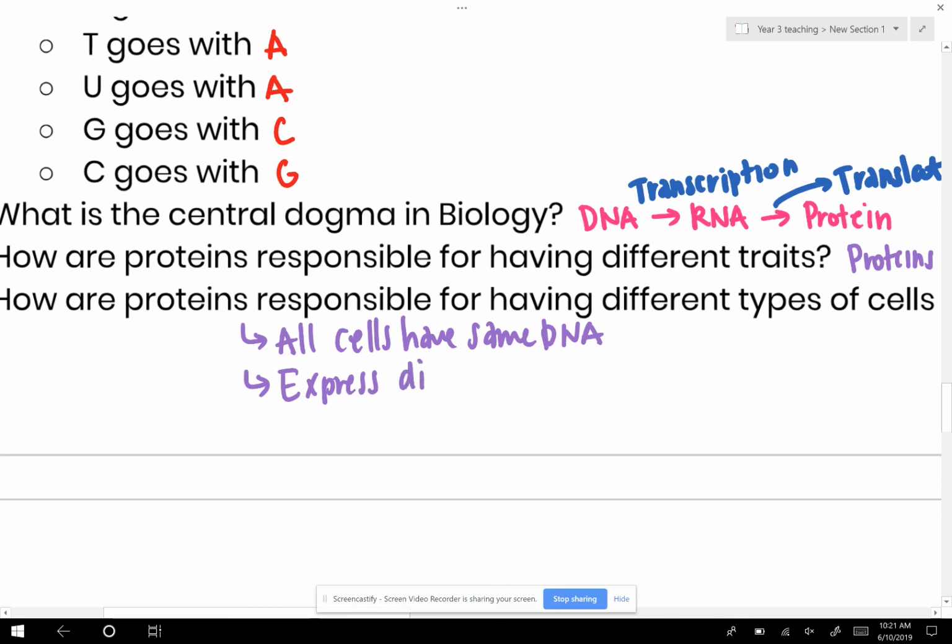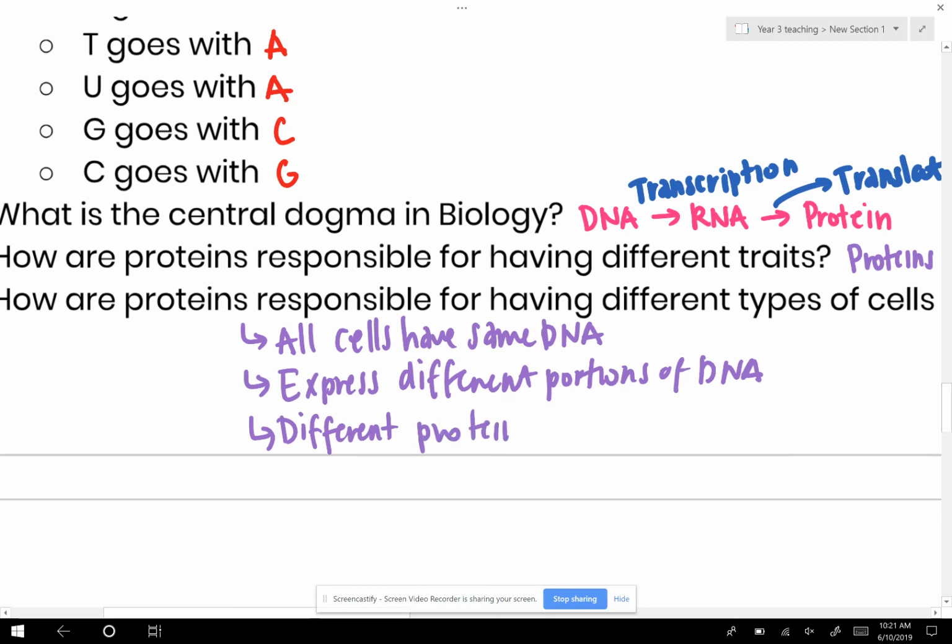And since we're expressing different portions of the DNA, different proteins that are being expressed will create those different cells. So different proteins that are expressed will make different cells.